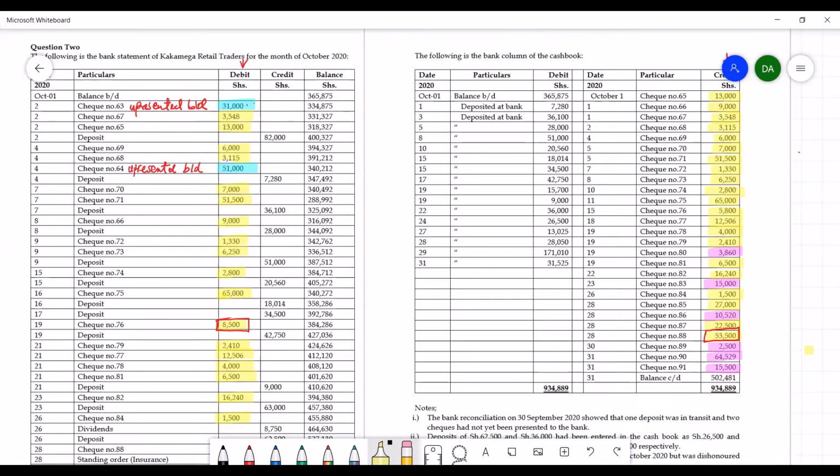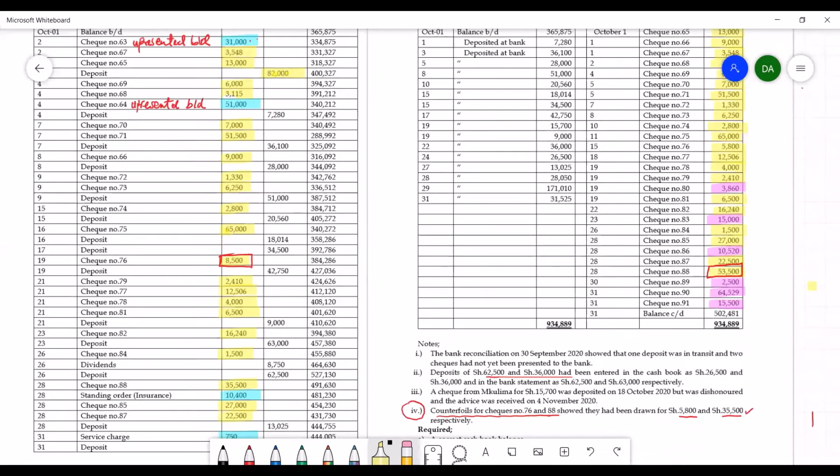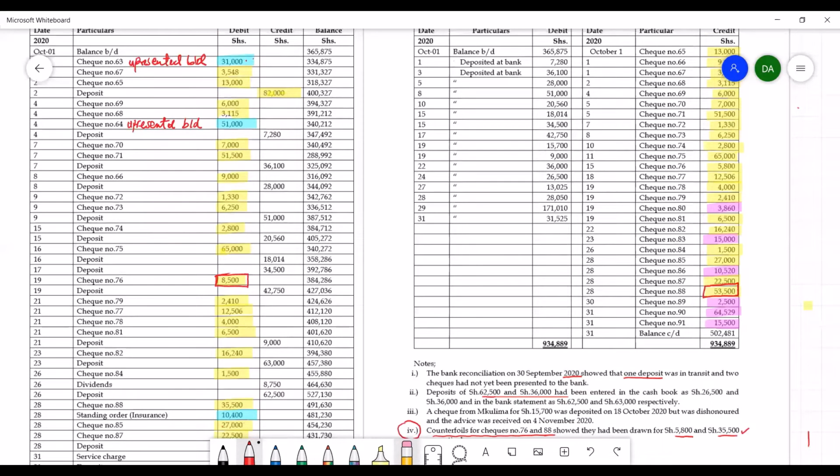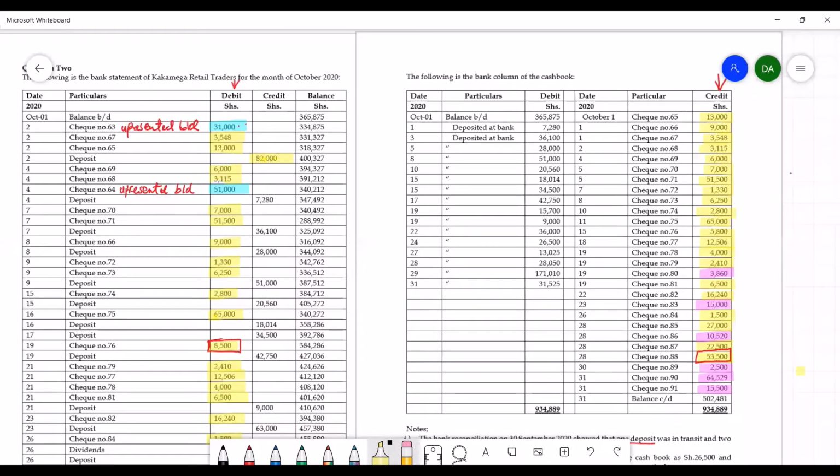Now that is to mean that this deposit was in transit at the beginning of the period. If you look at additional information 1, a bank reconciliation on 30th September 2022 showed that 1 deposit was in transit. So this is a deposit that has cleared, but you cannot find it in the cash book. That means it was in transit.